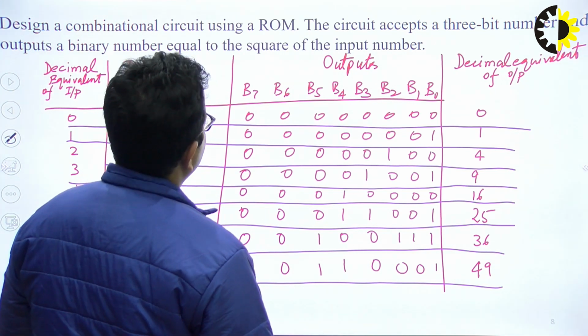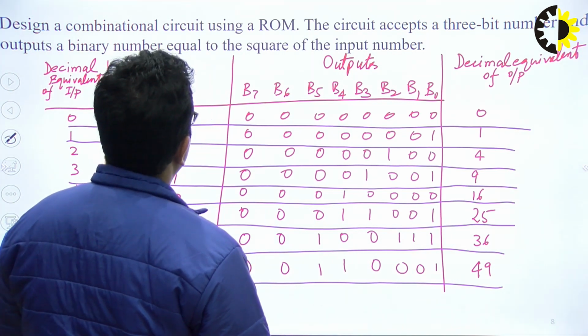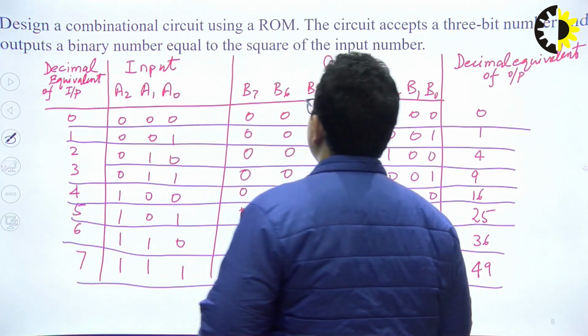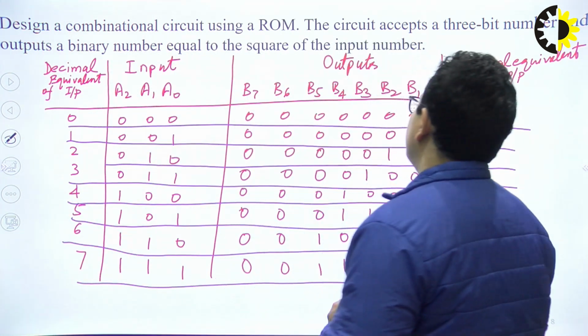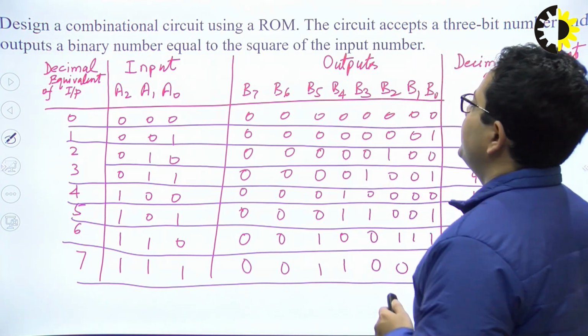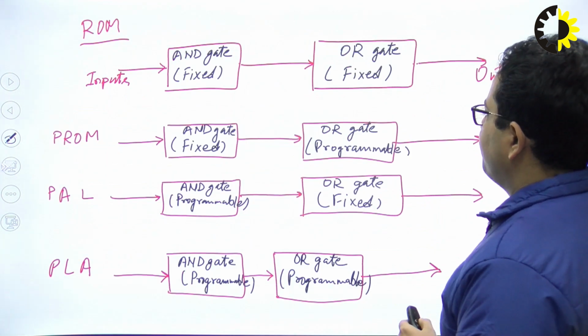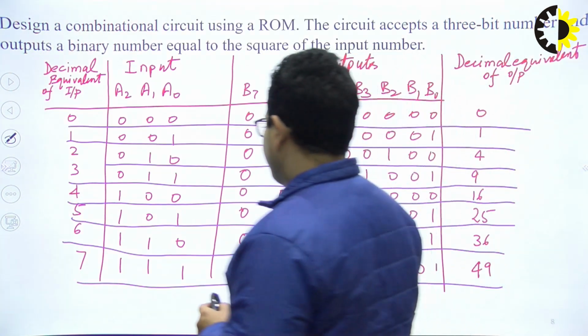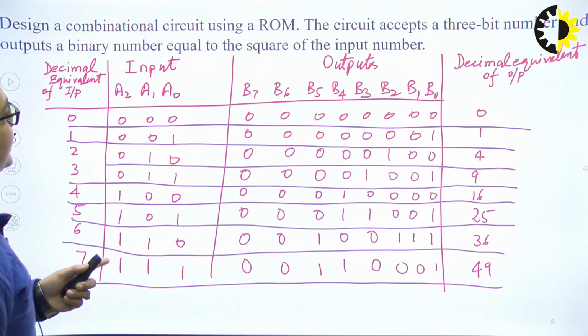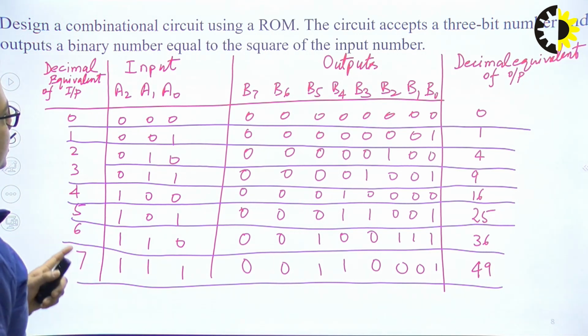On the other side we have B6 and B7. So instead of using B6 and B7, we can also have B0 to B5, right? Fine. With the help of that, we can generate all the possible outputs.